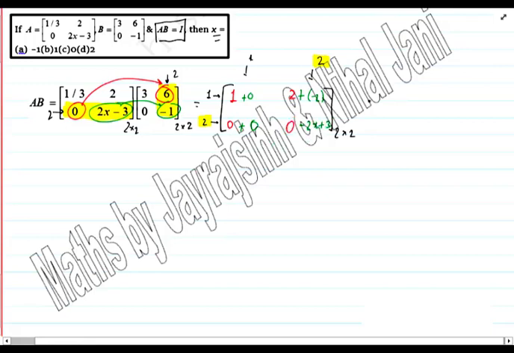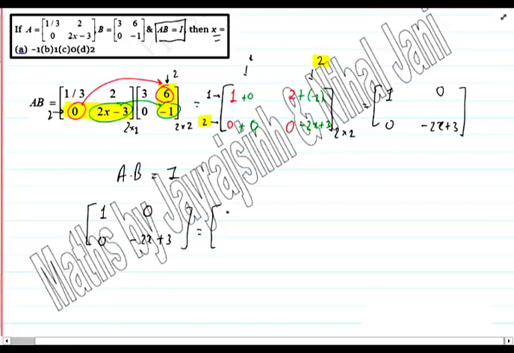Okay, so finally we have 1 0 0 minus 2x plus 3, but it is given that A into B is actually I. So let the matrix A into B be 1 0 0 minus 2x plus 3, and identity matrix of 2 cross 2 is 1 0 0 1, right?